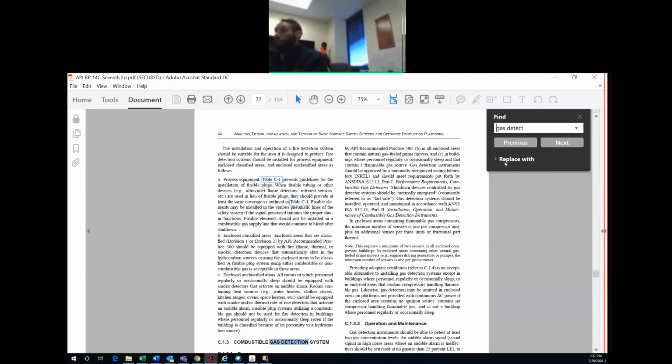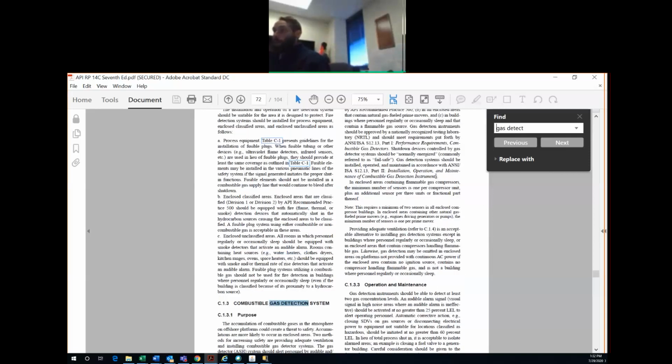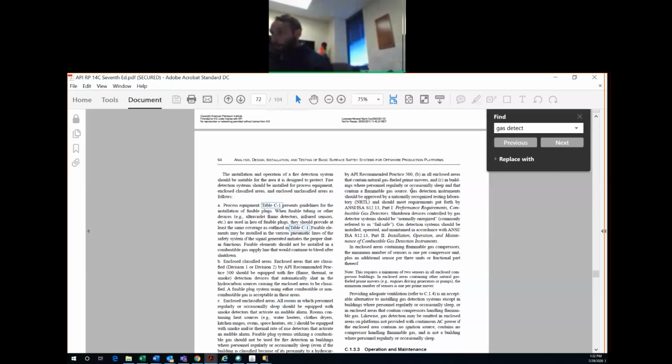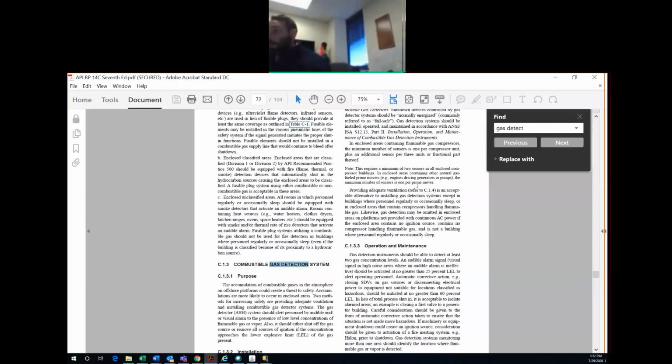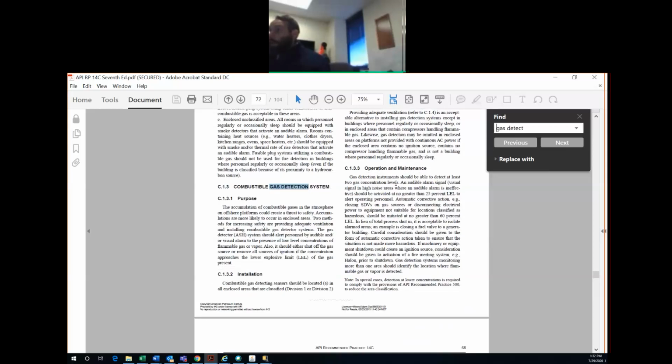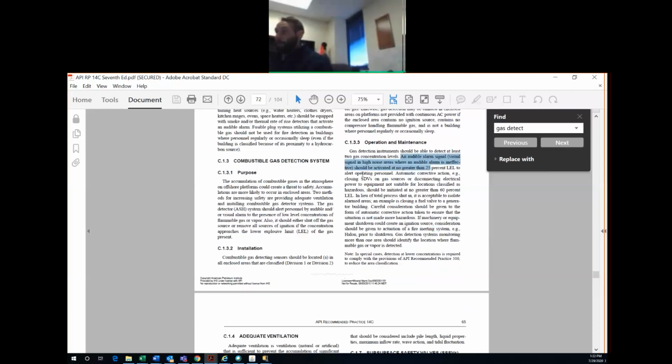Now, what do those gas detectors have to do? Well, it goes on, and it says that you have to alarm when you have 25% LEL, and you have to automatically perform a corrective action. For example, close an SDV, shut in the process, and shut down electrical power to equipment that's not suitable for locations classified as hazardous.